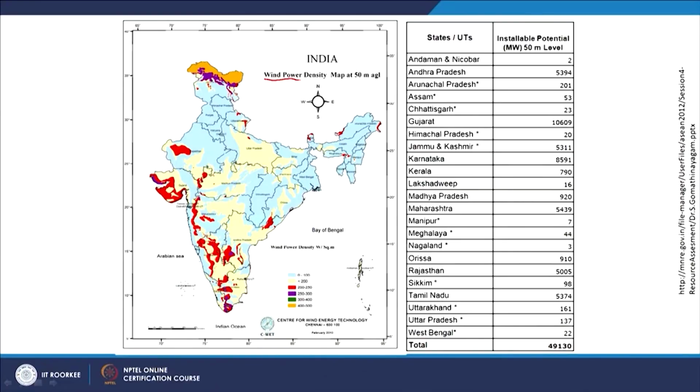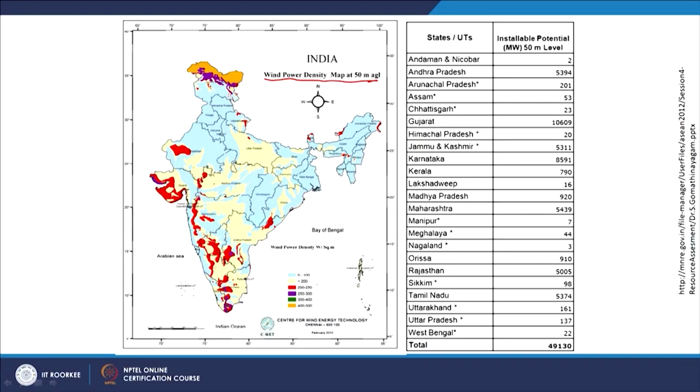If it is a flat terrain, then it may not play a very important role. But if it is a hilly region, obviously it will play a very important role. Now this is a wind power density map, a potential map. This is the wind power available in different parts of the country.